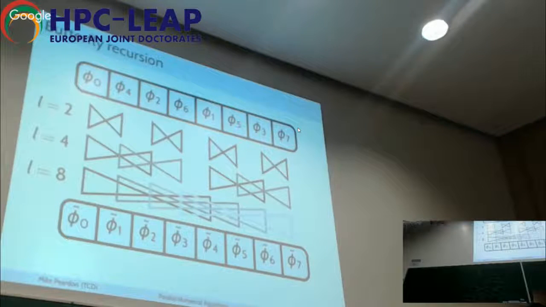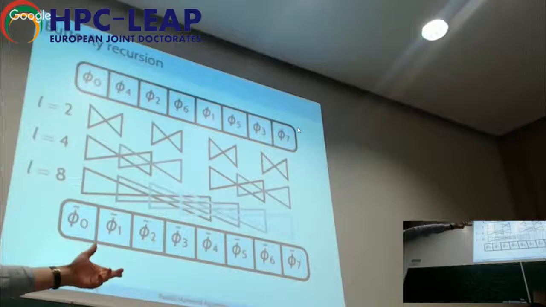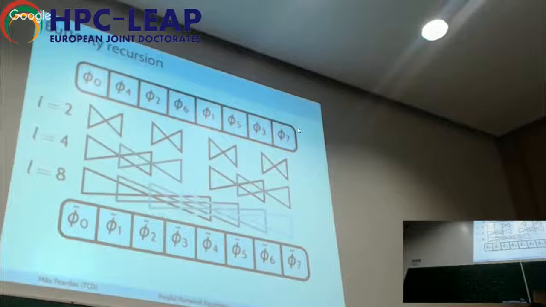So there's no point at which process 0 needs to talk to process 1 to fetch some data in the first 2 steps. It's only at the very end where there has to be some communication happening.